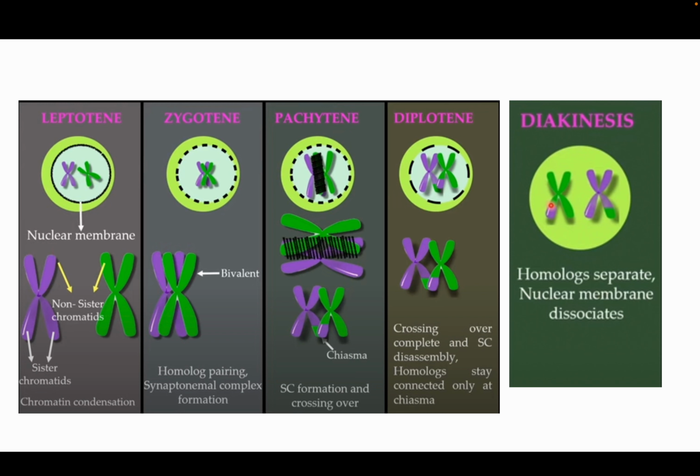Here only one site is visible as a chiasma, but in a chromosome multiple sites can be crossed over, and these steps are very regulated processes. In diakinesis, the homologs get separated and the nuclear membrane dissociates.